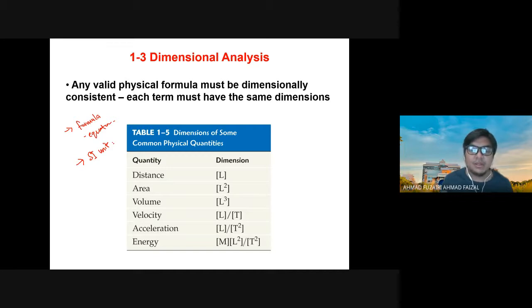All right, so these are examples of the dimensions that we use in physics. Basically we have distance. Distance is also the same as length. Displacement, in terms of physics, the terms are different, but in terms of dimensional analysis, we measure length or displacement from one point to another point.